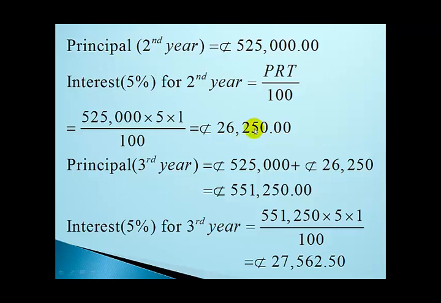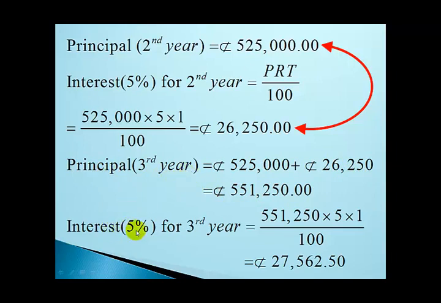Because it's compound interest, we have to add the principal for the second year to the interest at the end of the second year before we can get the principal for the third year. So we are compounding the interest. So the principal for the third year will be equal to 525,000 plus 26,250, and this is equal to 551,250 cedis.